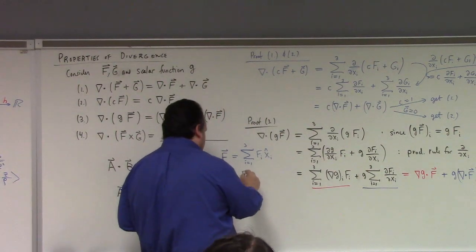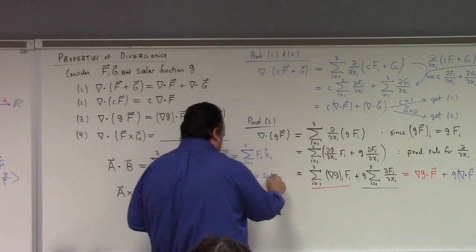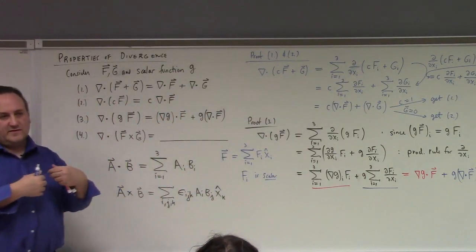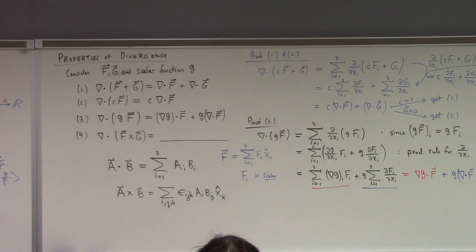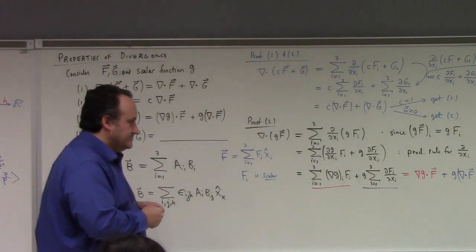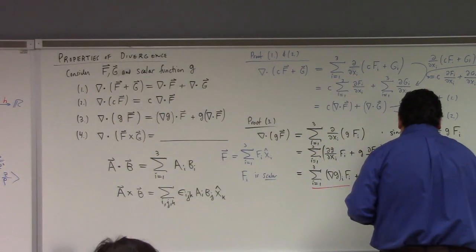F sub i is a scalar. If we're thinking about it as a function, it's a function from R3 to R. If we're thinking about a specific fixed vector, it's literally a number. If we fix the point, it's a number. And so when we add up, that is the dot product. Yeah, that's exactly the dot product of the gradient of G with F.